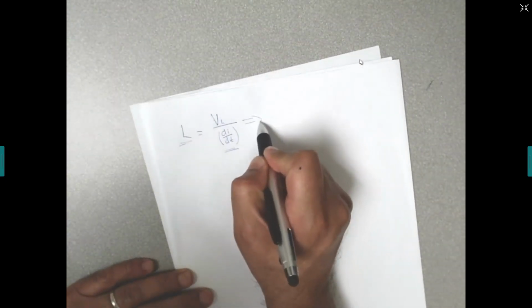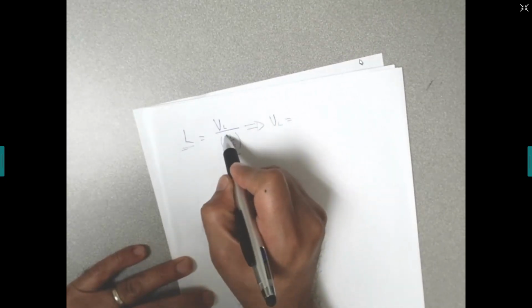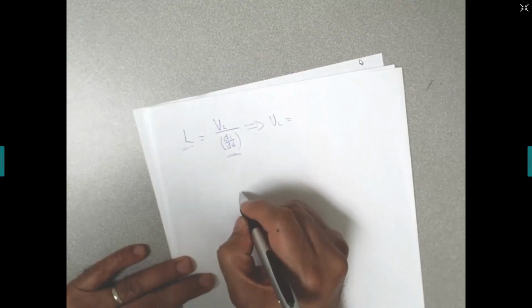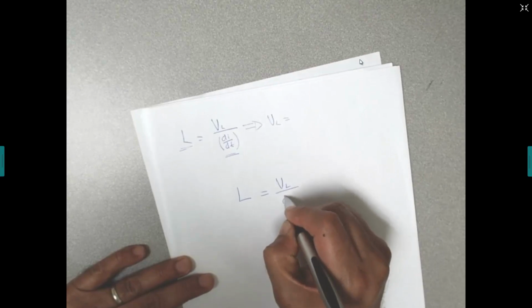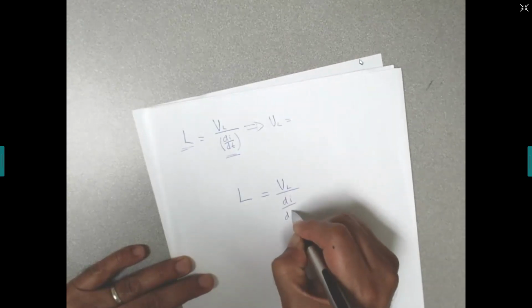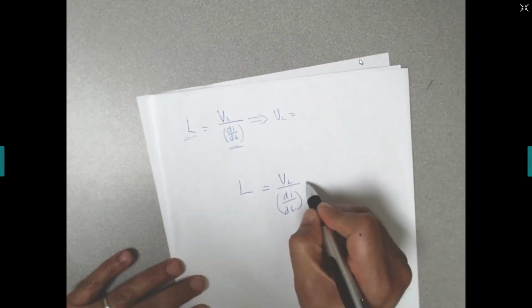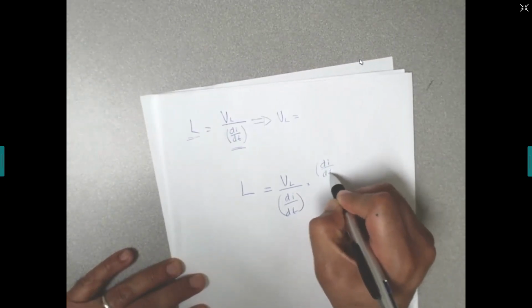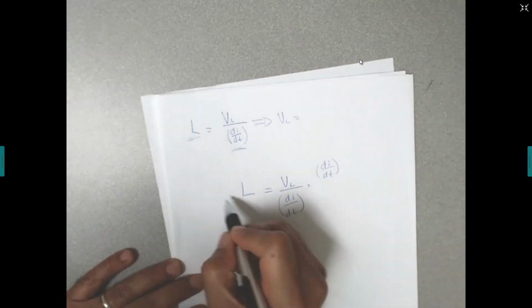From here we can derive that the voltage equals, if we multiply both sides by dI/dt, I'm sorry, okay? So if we want to find the voltage, all we have to do is multiply both sides by dI/dt, which is the change of current with respect to time.